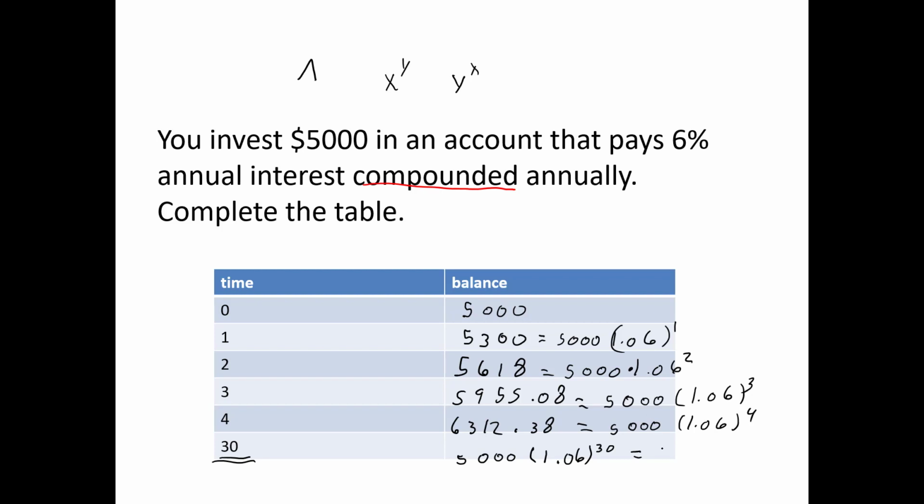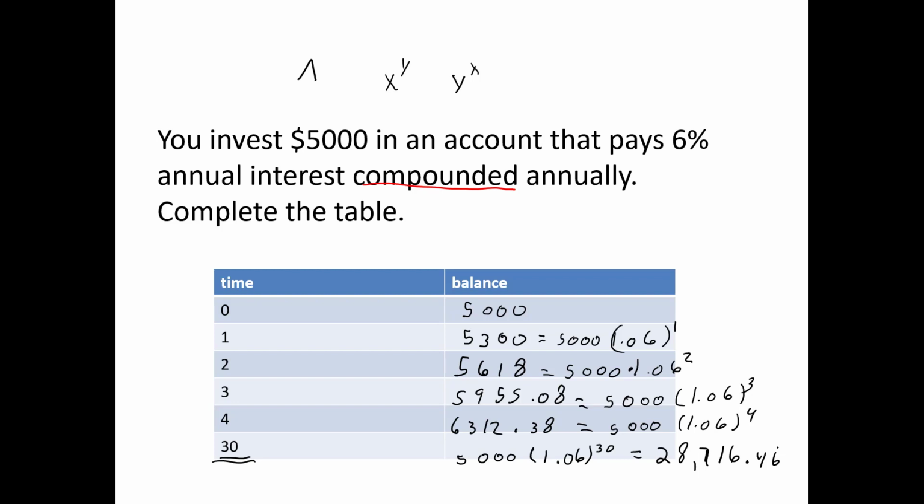And then we end up with 28,717.46. Had we done this using simple interest, then what you would get would be 5,000 times your rate, which is 0.06, times the years, which is 30 years.